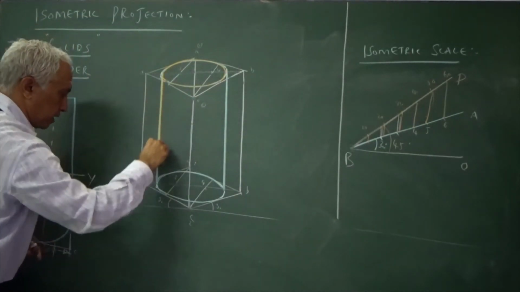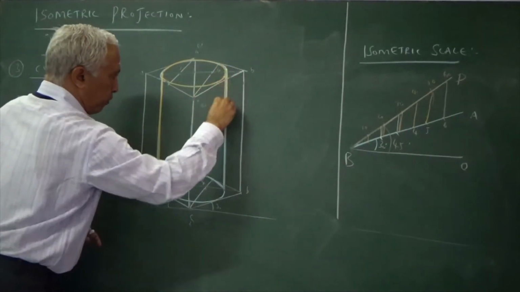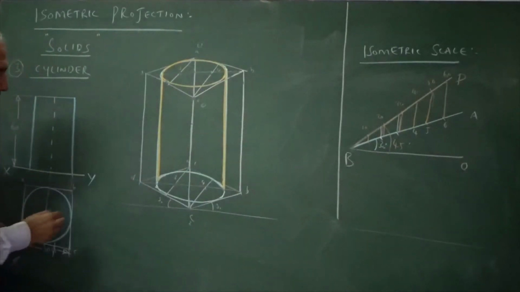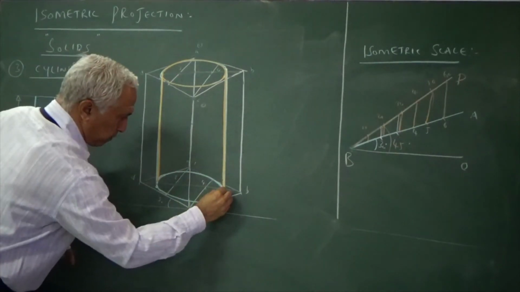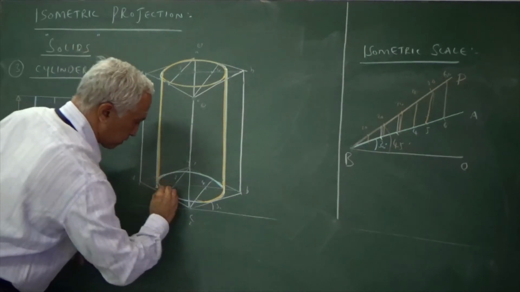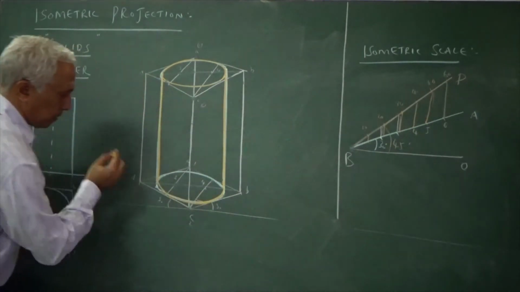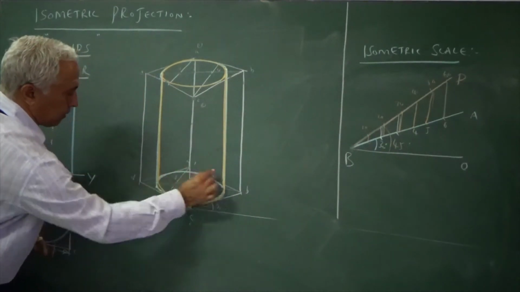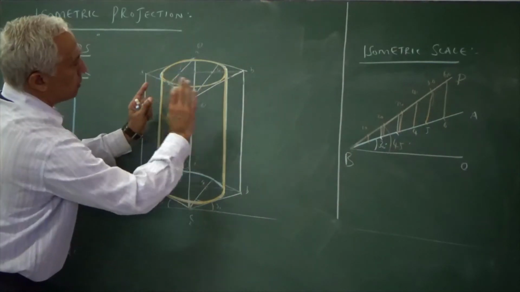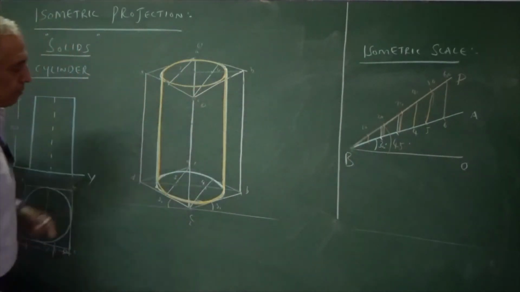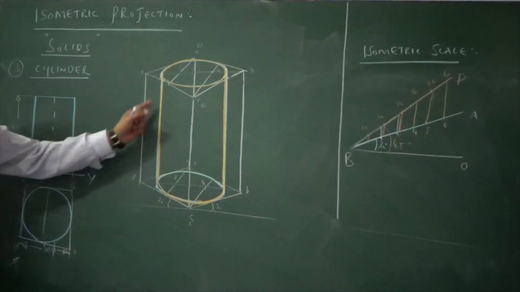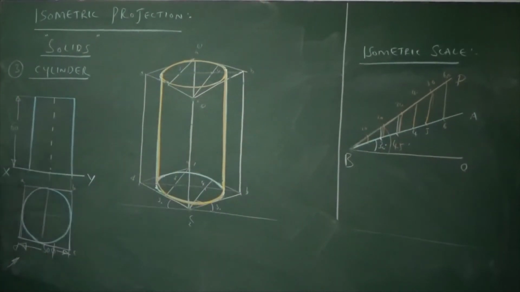Draw this tangential generator on both sides, and the boundary part of the ellipse, which is the half part, is visible. This part is not visible because the cylindrical generator face will cover it. So this is the isometric projection of a cylinder.